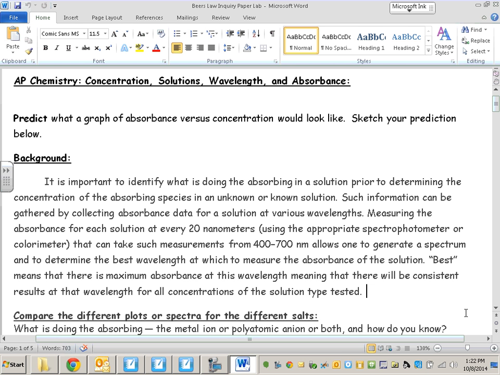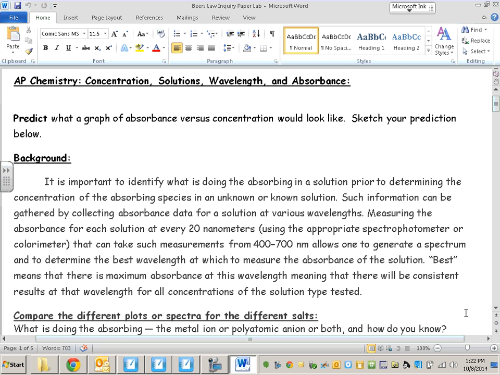Remember your absorbance formula that you used when we did the blue food coloring solution? Negative log of T, transmittance, yielded A for absorbance, and you had your graph and your calibration curve, with concentration on the x-axis.